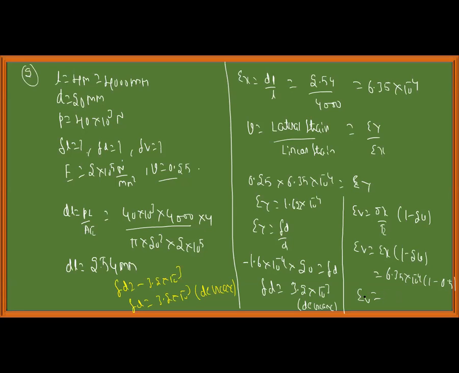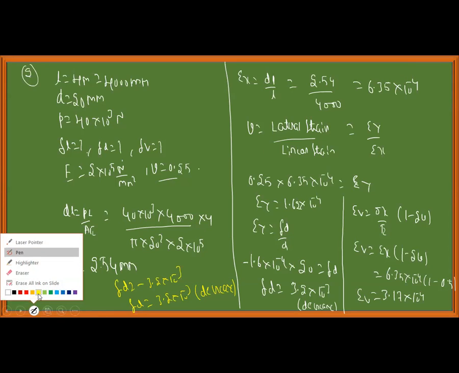Epsilon v is 3.17 into 10 power minus 4.